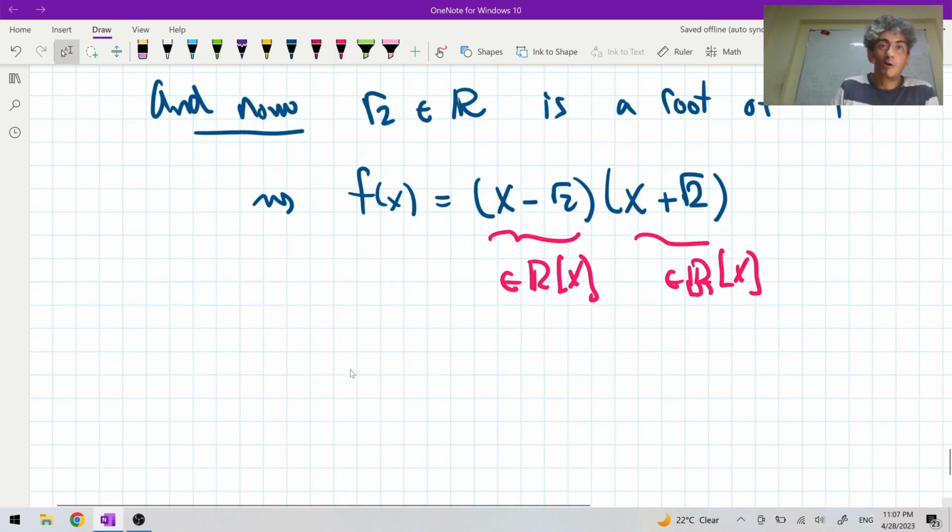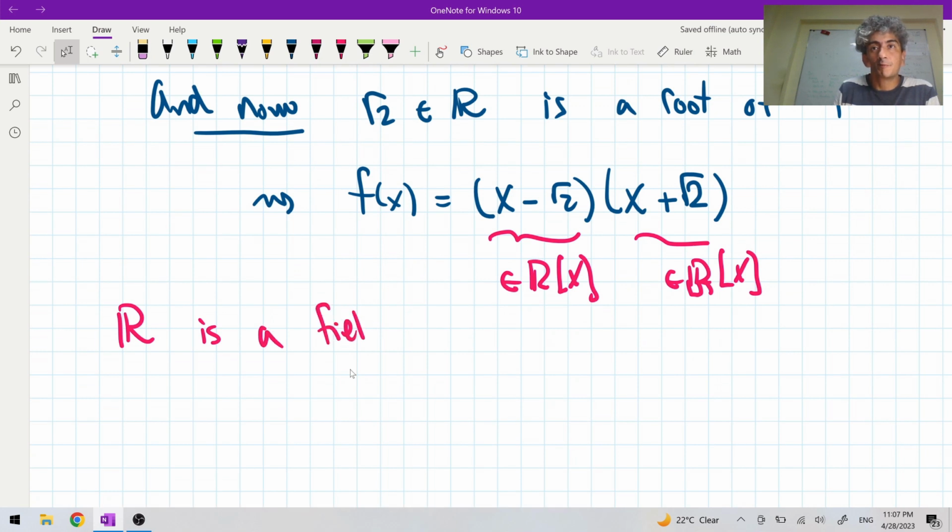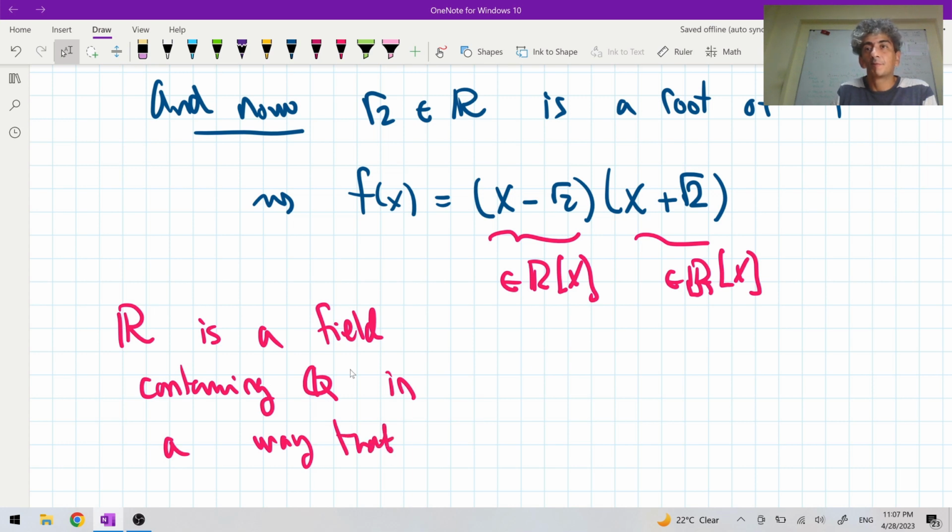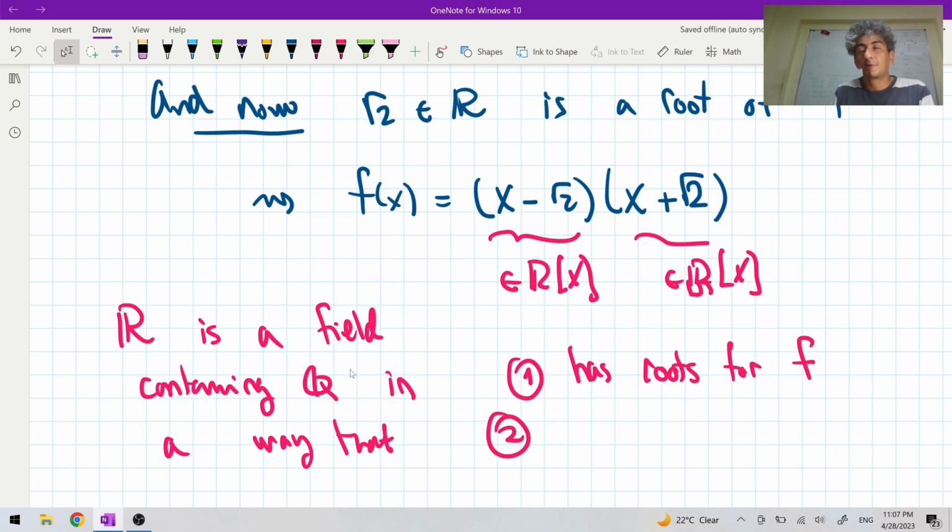R is a field containing Q in a way that first has roots for f, and second allows us to factor f.